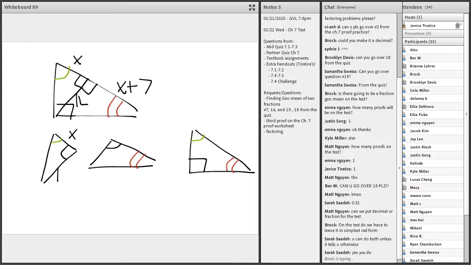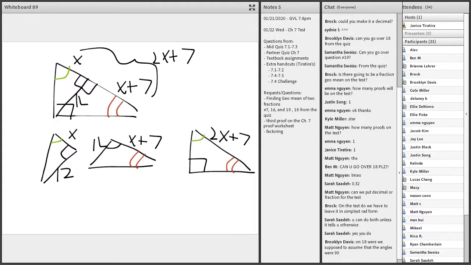So here's x and 12. Here's x plus 7 and 12. And this is 2x plus 7. So this whole thing is 2x plus 7. Okay, so the last picture is pretty useless because there's only one labeled side. That means we want to use the first and the second picture.